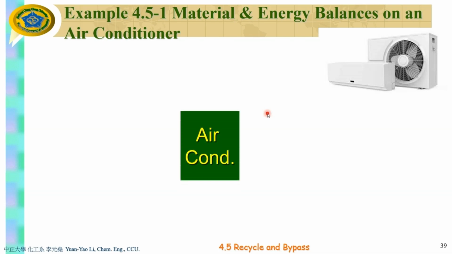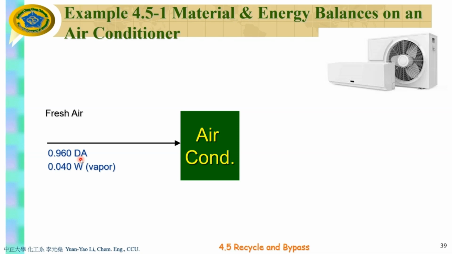We have the air conditioner, and fresh air going into it. Like the air in this environment, the air conditioner sucks the air in from this room. Assume this fresh air has about 4% water, and 96% DA, which stands for dry air.